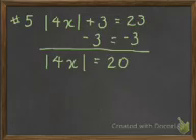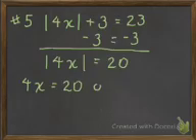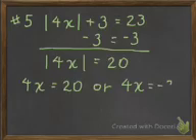Now to remove the absolute value symbol, recall that 4x is equal to 20, or 4x is equal to minus 20.